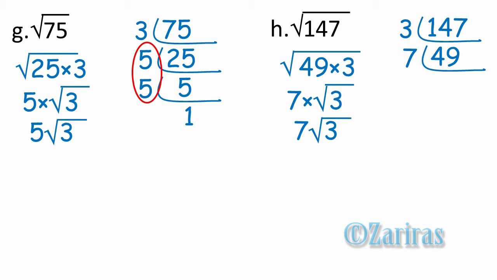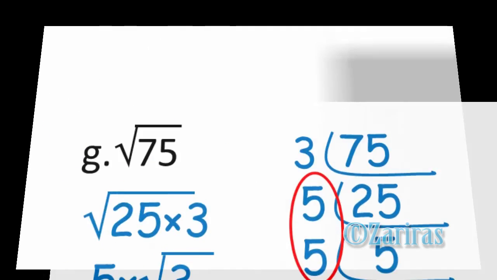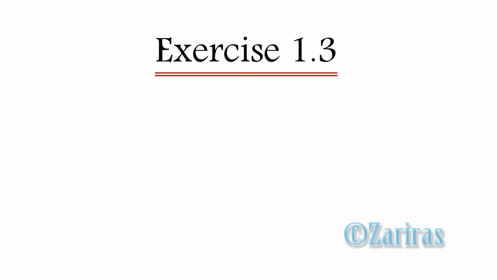Next is 7. 49 divided by 7 is 7. 7 divided by 7 is 1. So we have 7 as a set, so we can get 7 as the square root there. Next question.